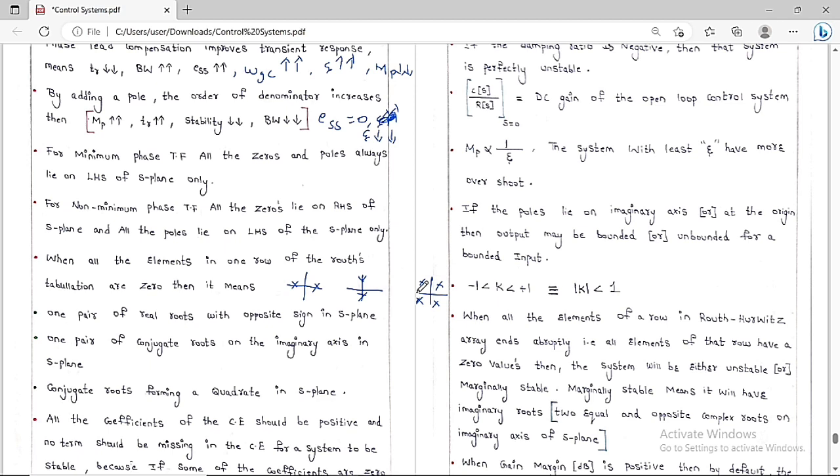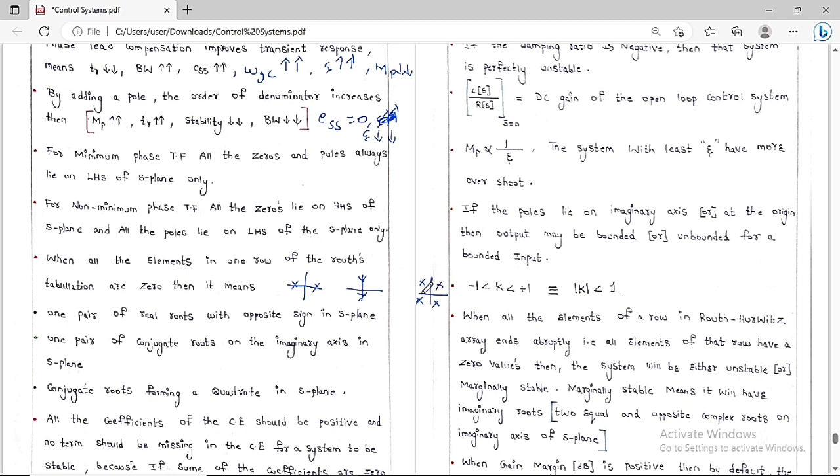So finally, I can say when all the elements in one row of the Routh tabulation are 0, it indicates that there is one pair of real roots with opposite sign in the S-plane, one pair of conjugate roots on the imaginary axis in the S-plane, and conjugate roots forming a quadrature in the S-plane.